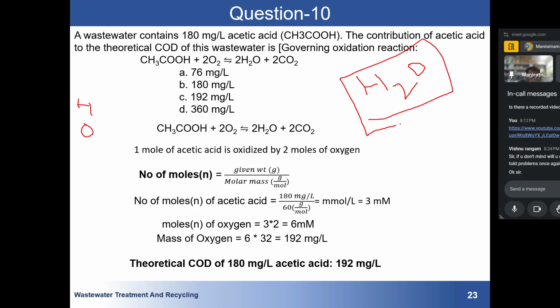So how many moles of hydrogen are there in this system?